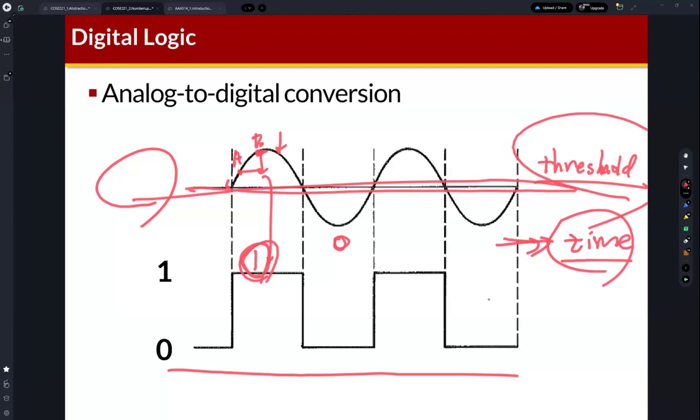So this value is higher than the threshold, so it's 1. This value is lower than the threshold value, so it's 0. So we can convert the analog signal to the digital signal like this.